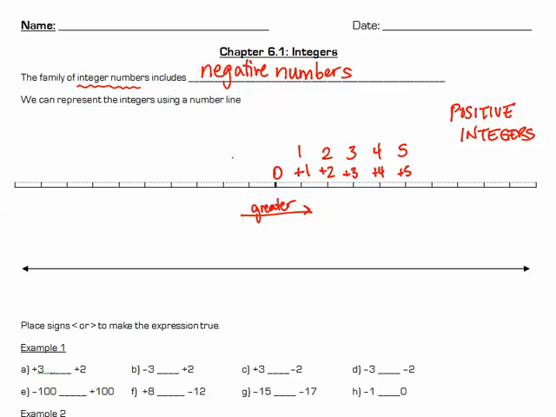Now, if we go in the other direction, and I'm just going to change colors to blue to represent cold, I'll have 0 and then going backwards, so instead of adding 1, I'm going to take away 1. If I keep taking away 1, or if I keep going down by 1, then I have what I call the negative integers, or the negative numbers.